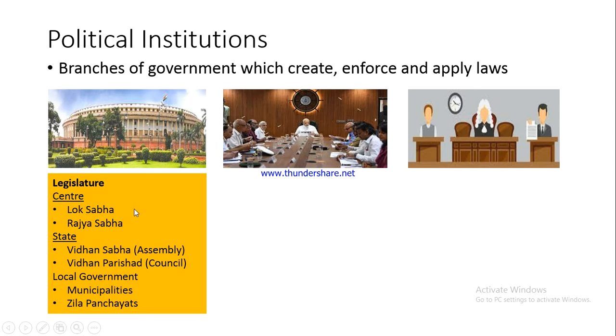However, the elections to Rajya Sabha are indirect. So we do not directly participate in these elections. Basically, our representatives participate in the elections. So the MLAs that we elect, they actually go on to elect the members of the Rajya Sabha. So please understand that this is what we mean by legislature at the center, the Lok Sabha and the Rajya Sabha, right?